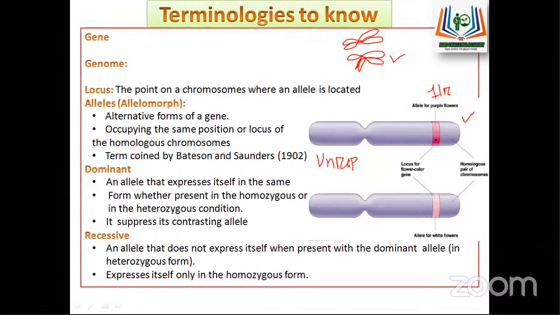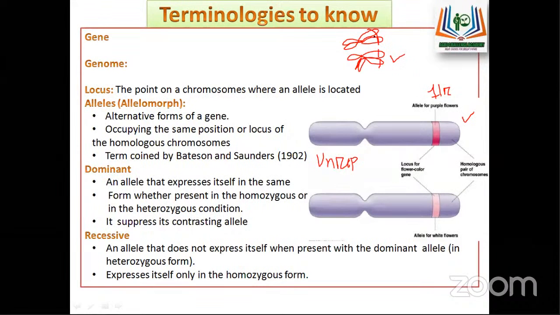And since these two are the replicated ones, this one was originally present and this one is the replicated copy. If the flower color gene is present here, the same allele will be present in the replicated part.